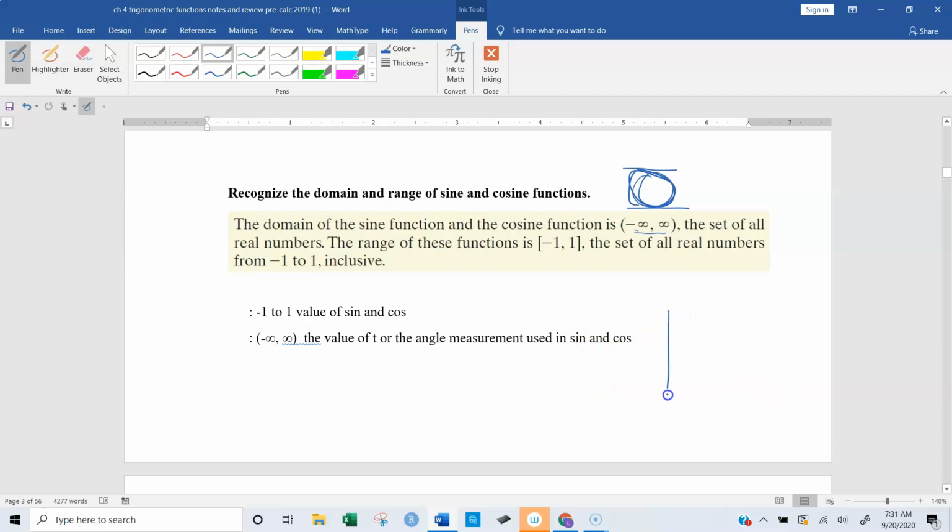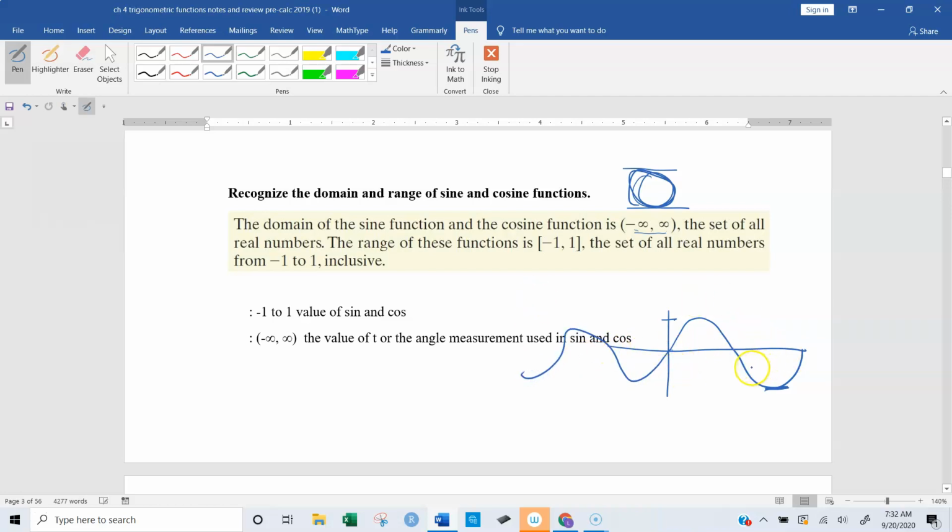So when we draw these out, if we unravel it, a sine wave starts at 0, goes up to 1, then back down to 0, then down to negative 1, because it's going to continue to do this for as many circles as I go. It will go back and forth and keep going.